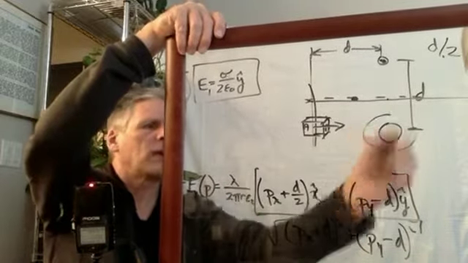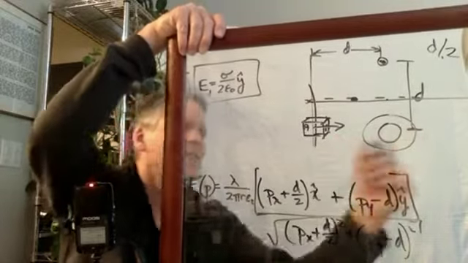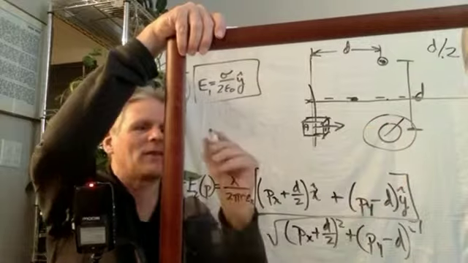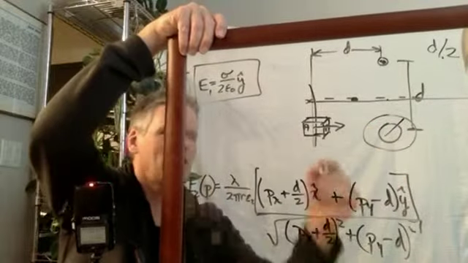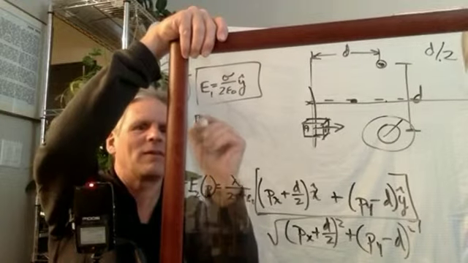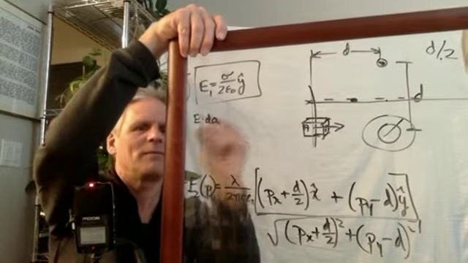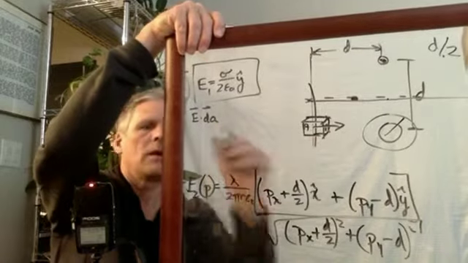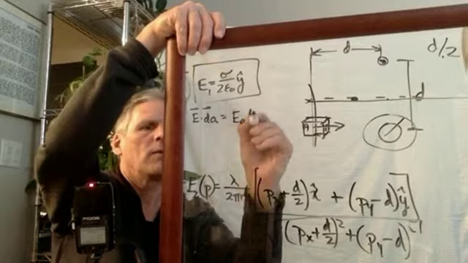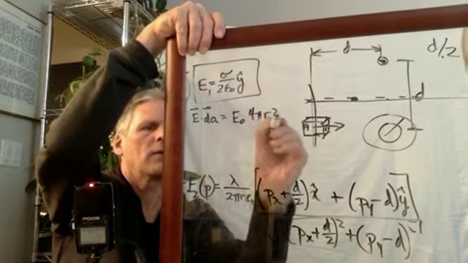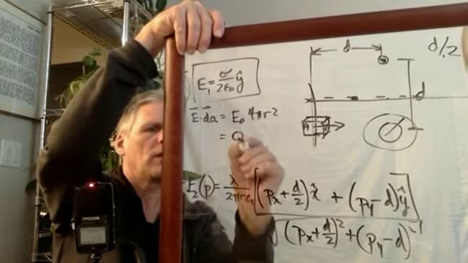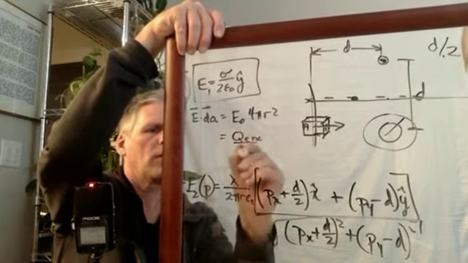Now we've got this right here, and in case you guys didn't remember, we have a Gaussian sphere, so E dot dA equals E times 4 pi r squared, and that also equals the charge enclosed over epsilon 0.